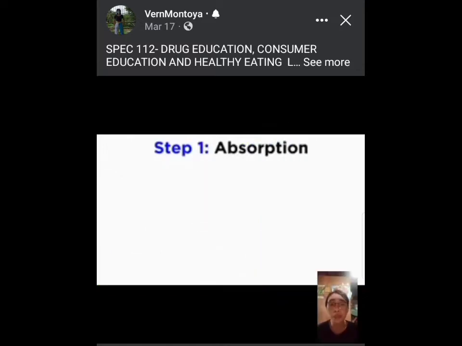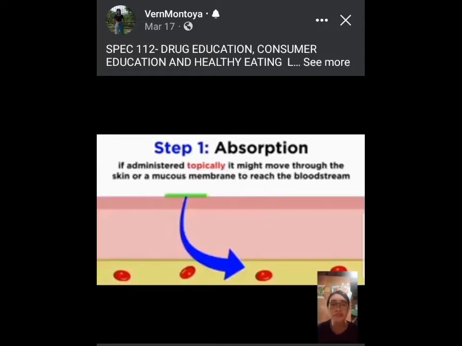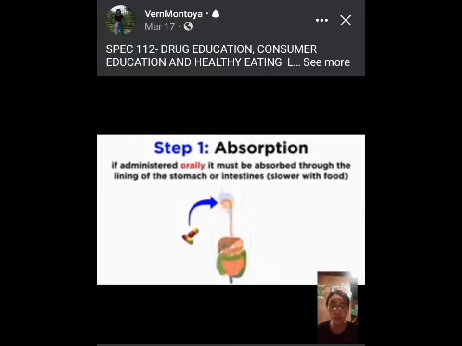The first step is absorption. If the drug is administered topically, this could mean moving through the skin or a mucous membrane, and subsequently through the walls of nearby blood vessels. If administered orally, this could mean being absorbed through the lining of the stomach or intestine, a process which would be slowed by the presence of food.